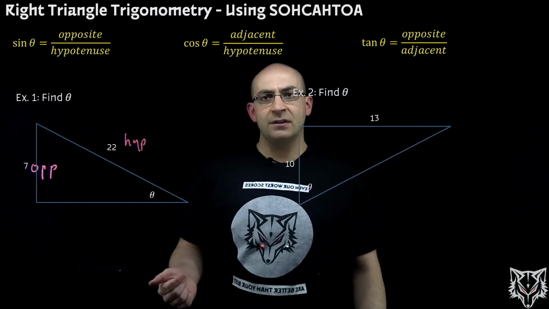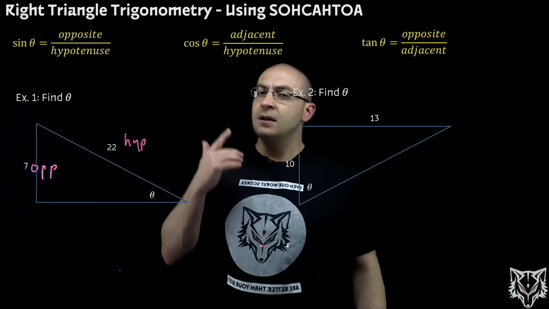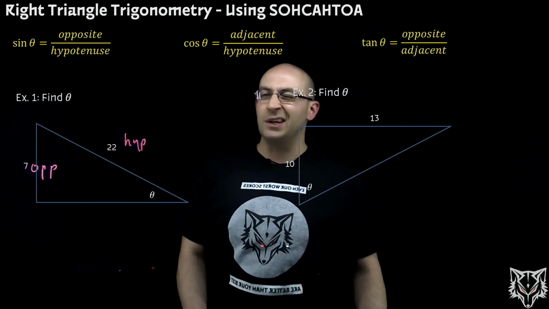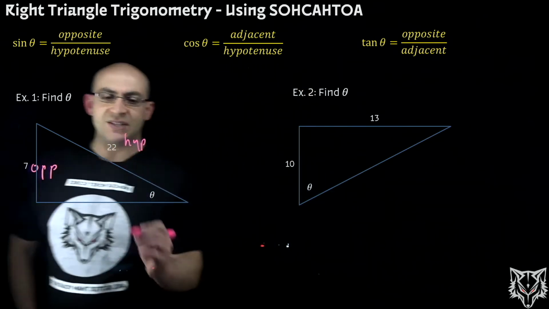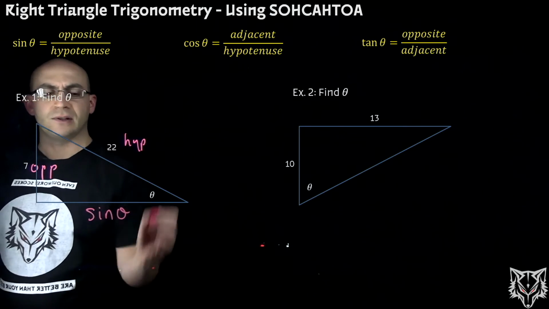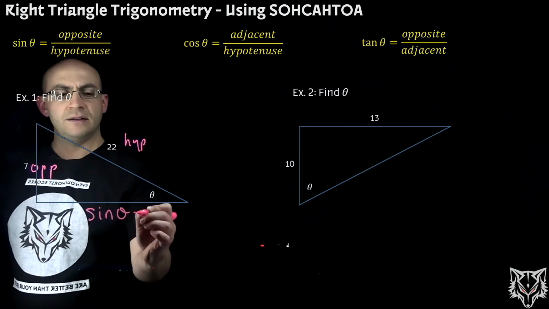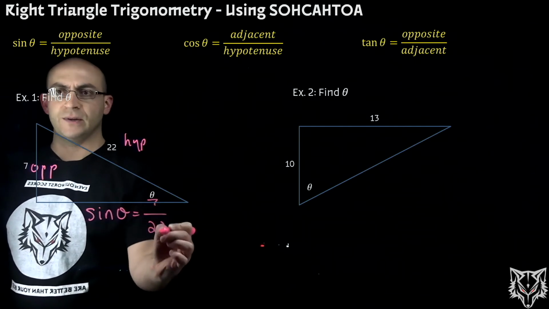O and H is sine, opposite over hypotenuse. But plugging it into the calculator is going to be a little bit tricky. So let's see what we're going to do. We've picked sine. So the problem is going to look like this. Sine of theta is going to equal opposite, which is 7, over hypotenuse, which is 22.